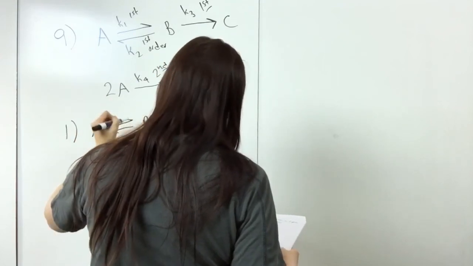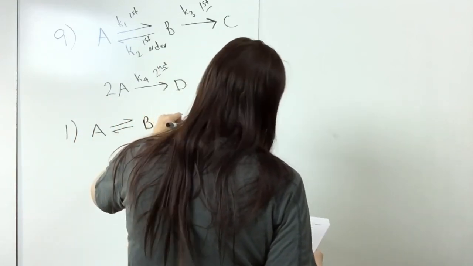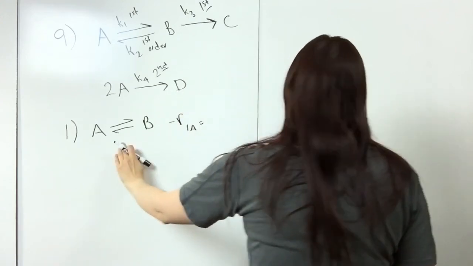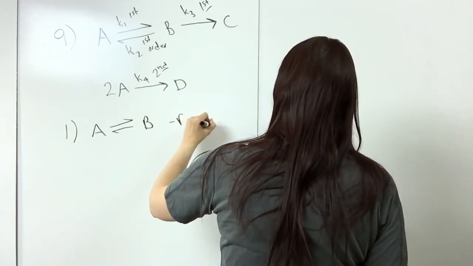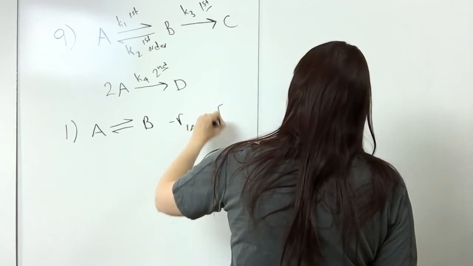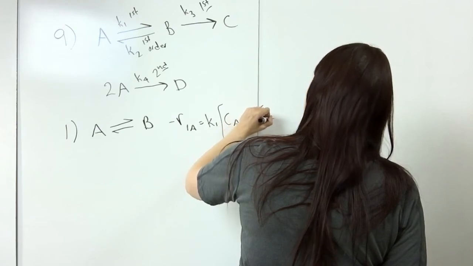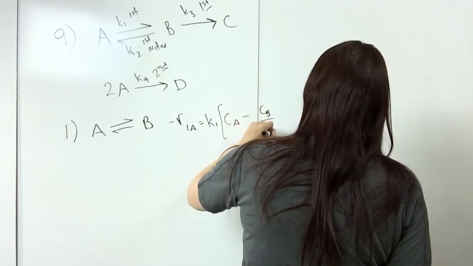A to B, and then just writing the rate law for R1A. This is a reversible reaction, so this would be K1 (CA minus CB over K).